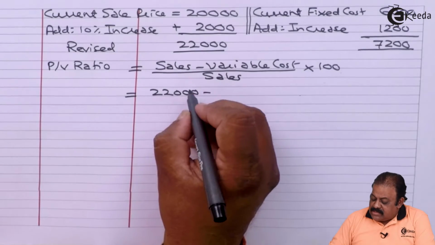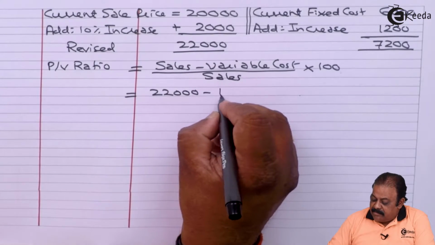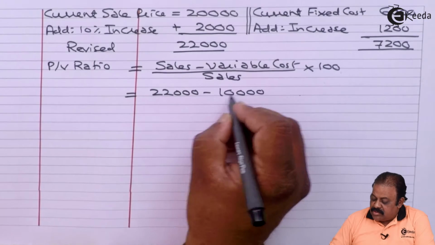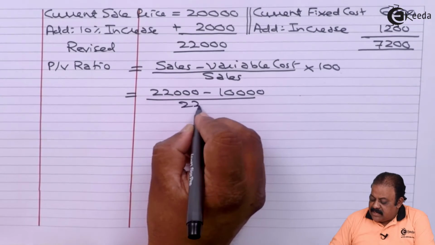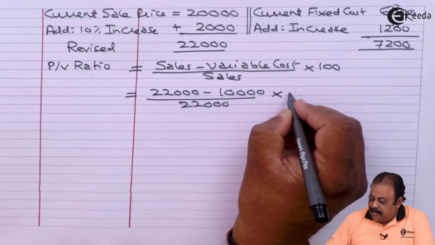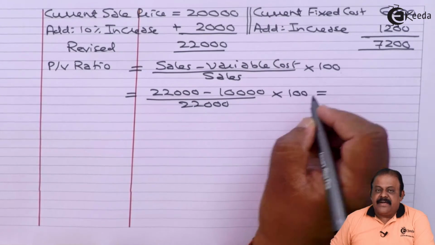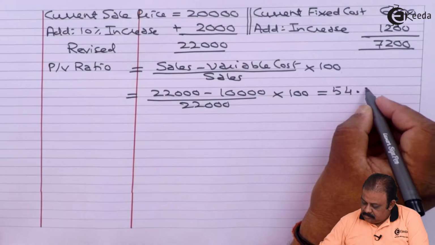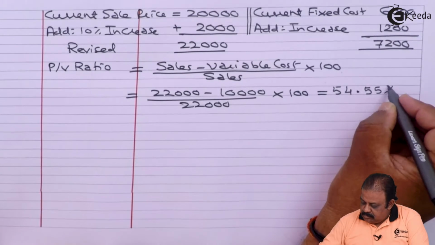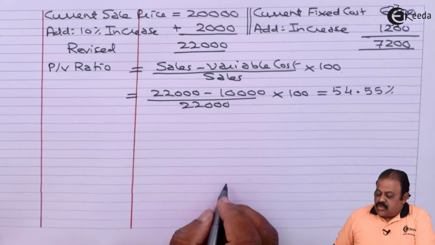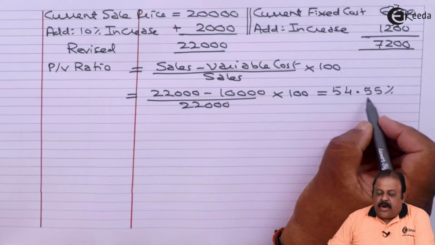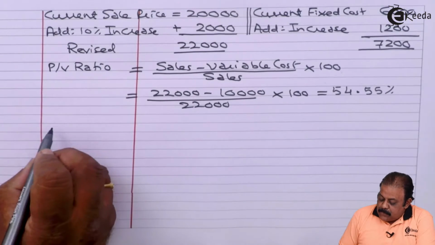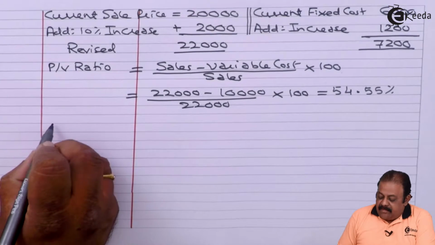Variable cost has remained same, 10,000 divided by sales 22,000 multiplied by 100. So revised PV ratio is 54.55%. Now we'll calculate break-even point.